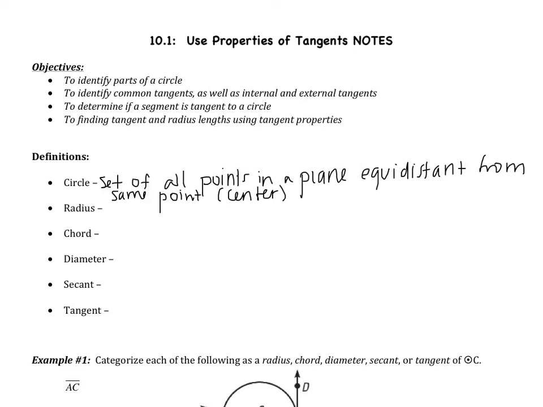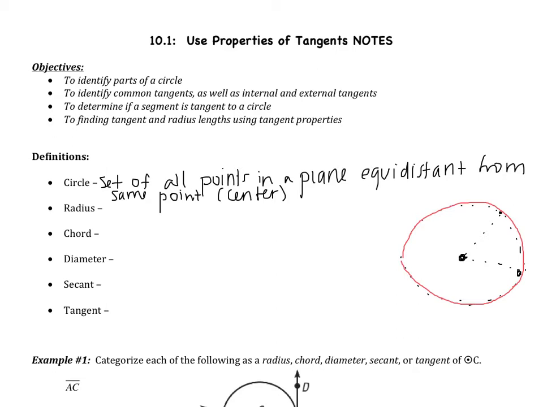So we have some point, a center, and then we have all the points that are the same distance from that point. So I have a point here that's some distance away. I'm going to put another point that's the same distance away, so equidistant. So maybe it's 5 units, 10 units, 15 units, whatever it is. And as you notice, if I find all these points that are the same distance from the center, they're all some units away, 5 units, 10 units, something, I end up forming a circle. So here's our circle. It's all the points that are the same distance from the center.